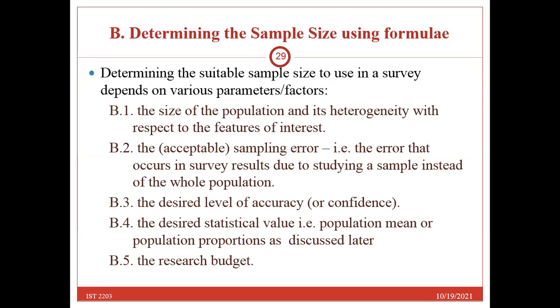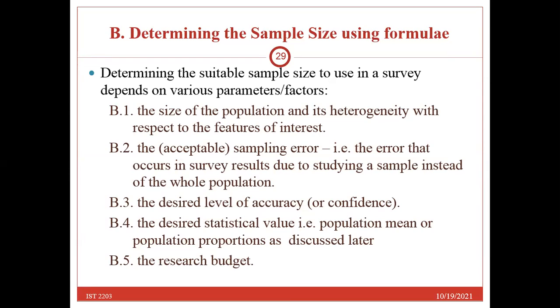And then you also need to say what your desired level of accuracy or confidence is. How confident you want to be that this sample of yours represents the entire population, and there are values for that as well. Then the formula that you use will depend on the type of statistical value that you're looking for.